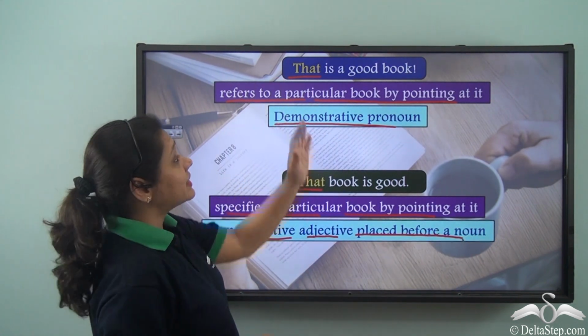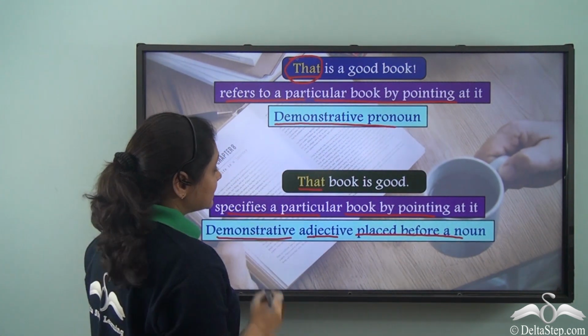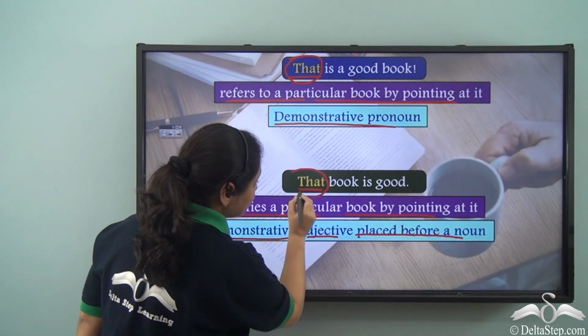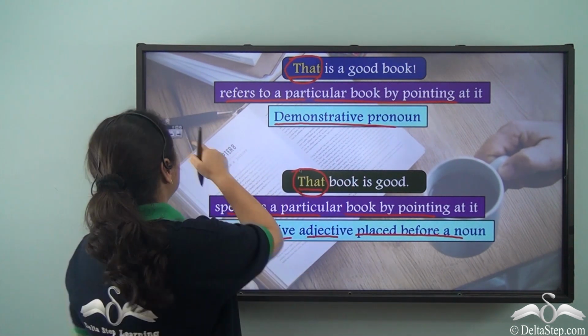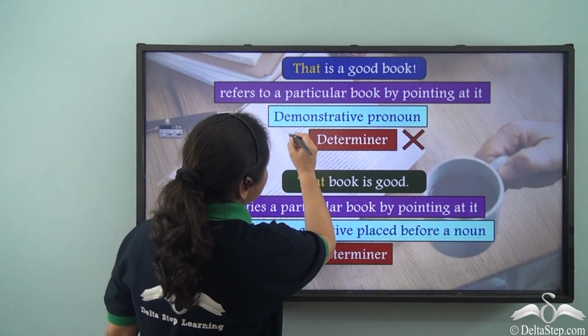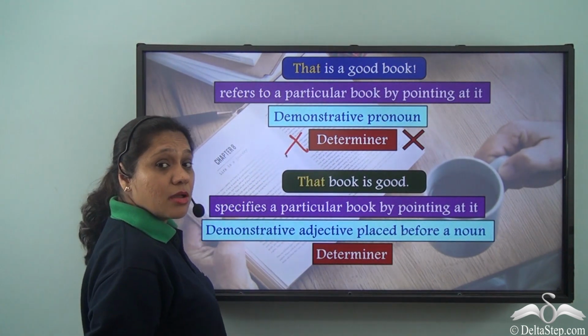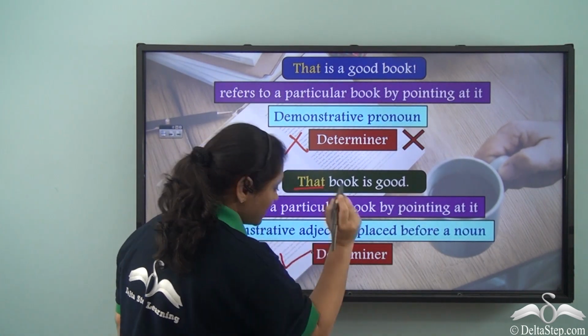So in the first sentence, that stands alone. In the second sentence, that is placed right before the noun book. So in the first sentence, that is not a determiner, whereas in the second sentence, that is a determiner.